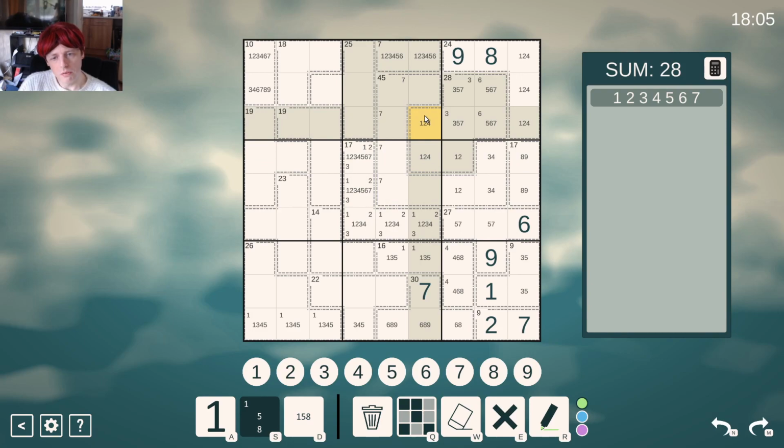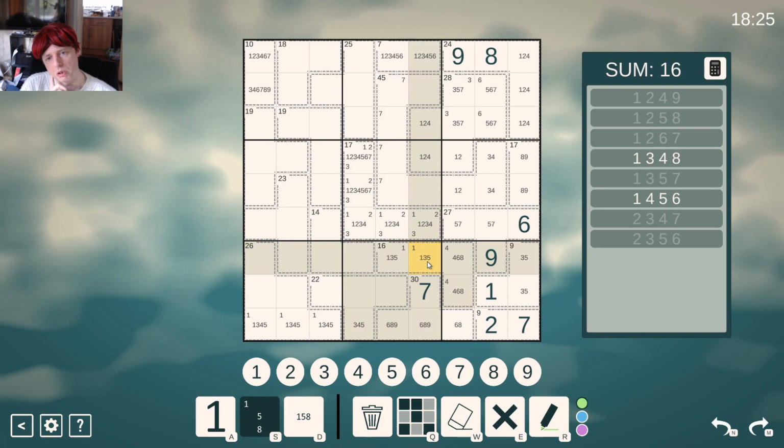We've got 3 of the 1, 2, 3, 4 used up there. So there can only be one more cell with 1, 2, 3, or 4 in it. I suppose it could be that one, and then the rest could be from 5, 6, 8, and 9.